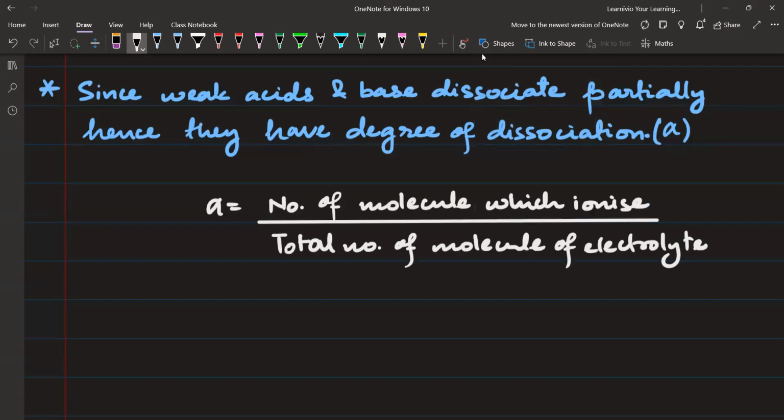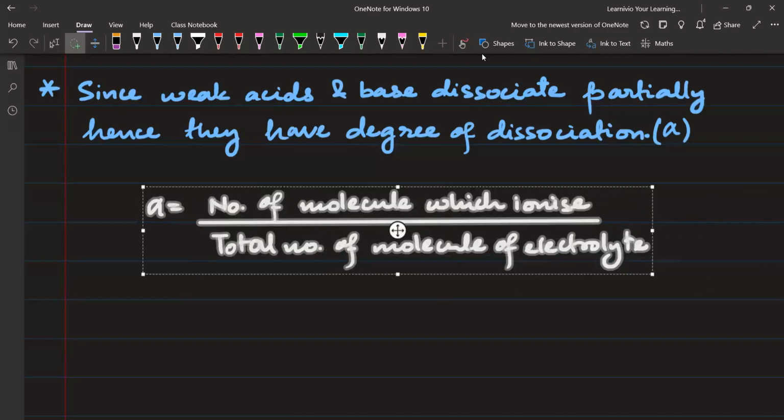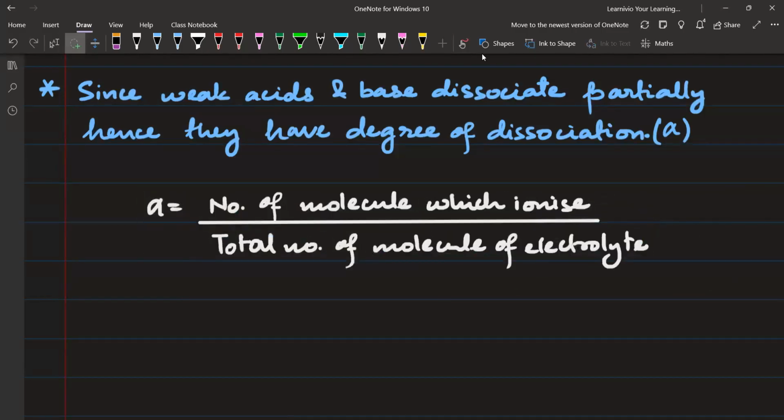Okay, write this down, then I will give you an idea of what degree of dissociation is and how to think about it. Just raise your hand once you're done writing this.